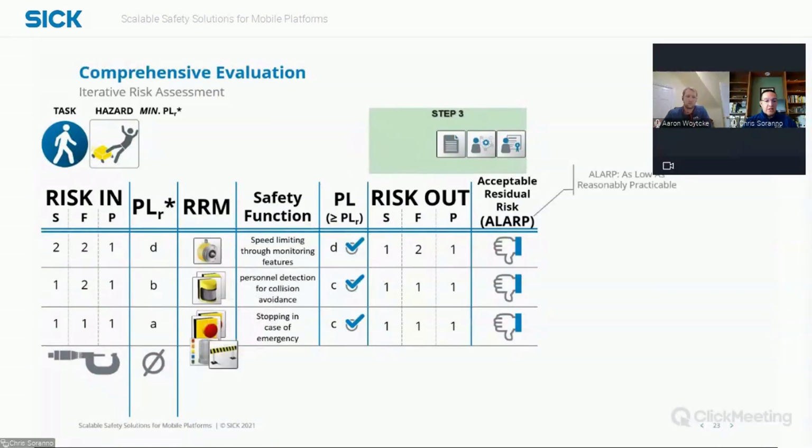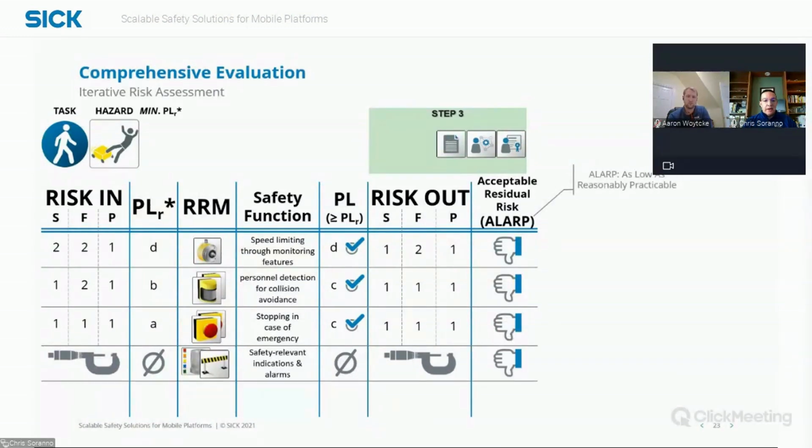And we start looking at our subsequent risk reduction measures. We have indications and alarms. Again, no performance level. It's hard to calculate using that methodology specifically what the risk out is, but is there more that can be done? Yes, there is. We go through this one last step.